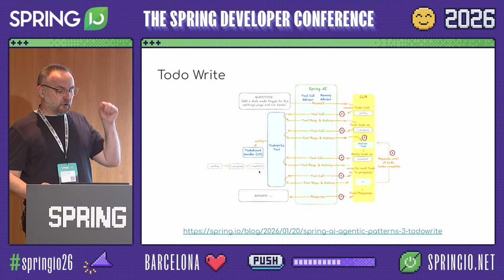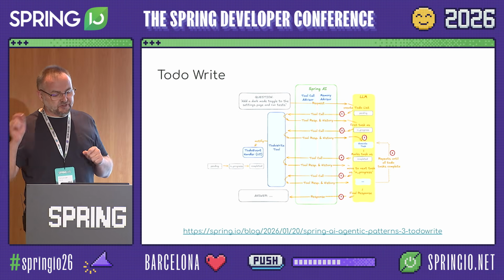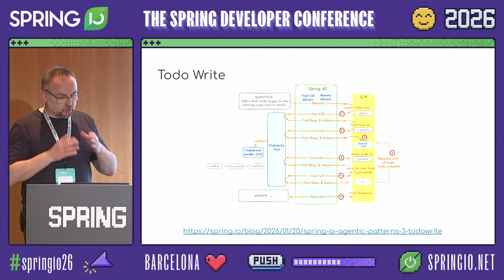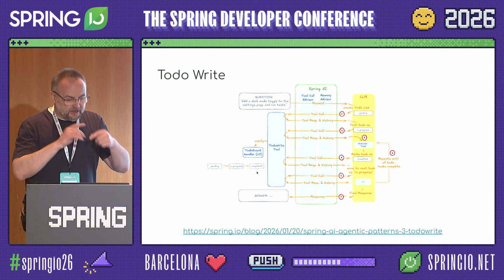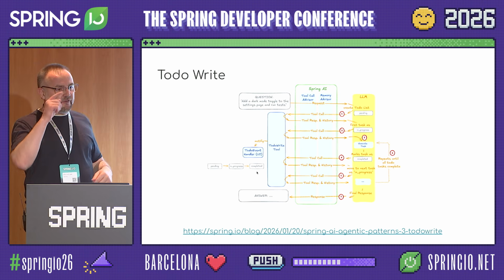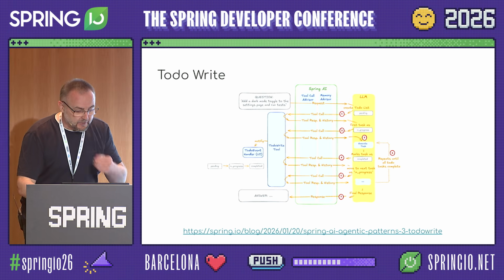You can also enforce in your system message that the LLM should not progress to the next task in the to-do list before the previous one has been completed. In this way, if you have complicated tasks, you can make sure that the LLM always follows and completes all steps in the process.